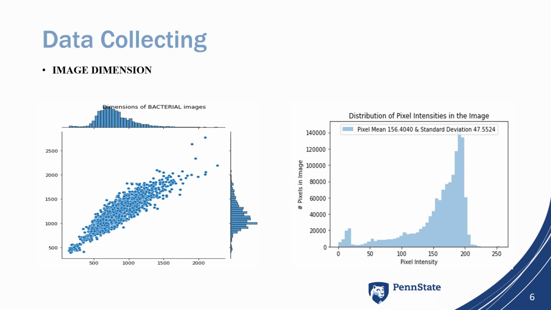data. We then try to see the pixel intensity of an image to see the average pixel distribution in an image. We can see how the pixels varied in one size and get the final shape to apply to the data. We can see from the image on the right side, the pixel intensity mean is 156 with a standard deviation of 47.